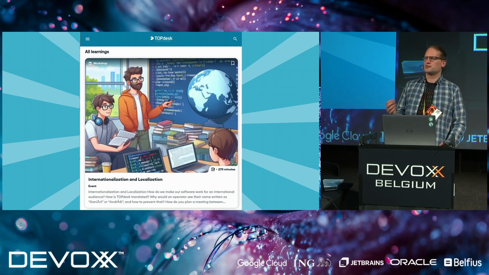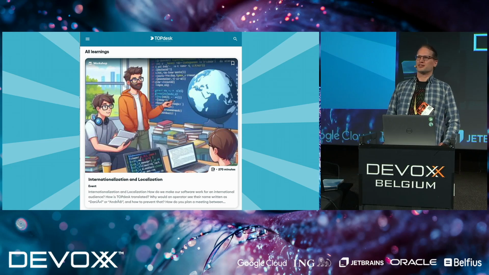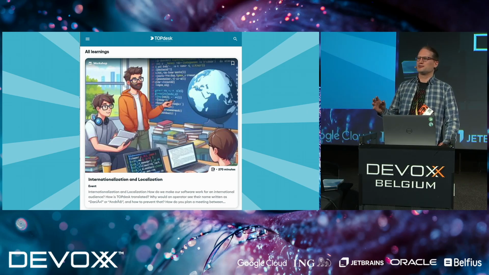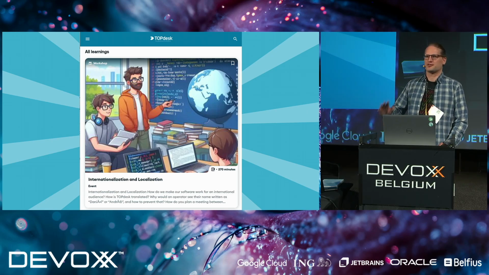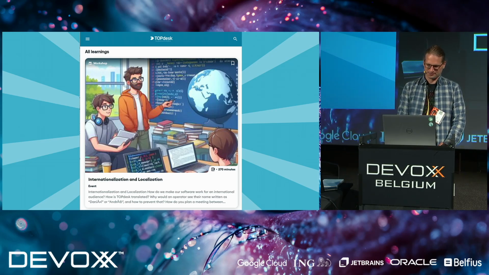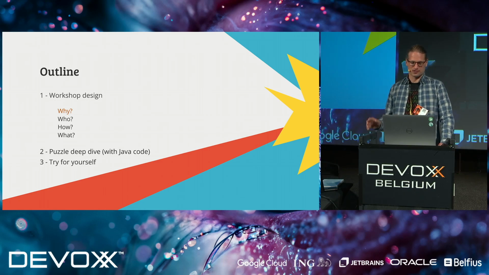And I'm going to show you some Java code and some of the common pitfalls that you can fall into with your Java code. And then finally, if you like programming puzzles, I'm going to invite you to try them out for yourself, because I've put it all online, publicly available. So that's the structure of this talk.